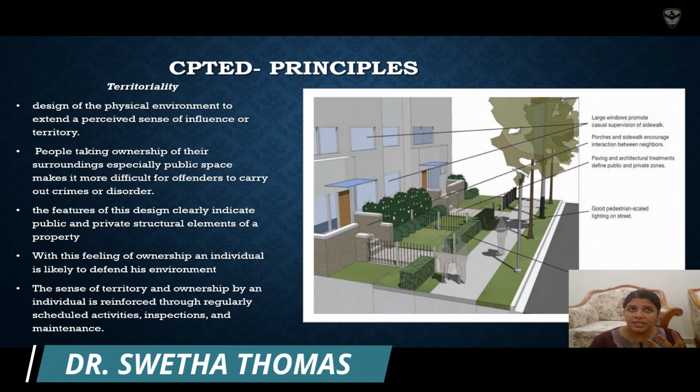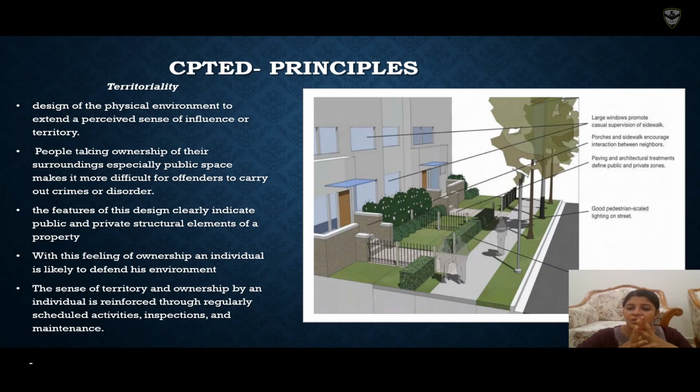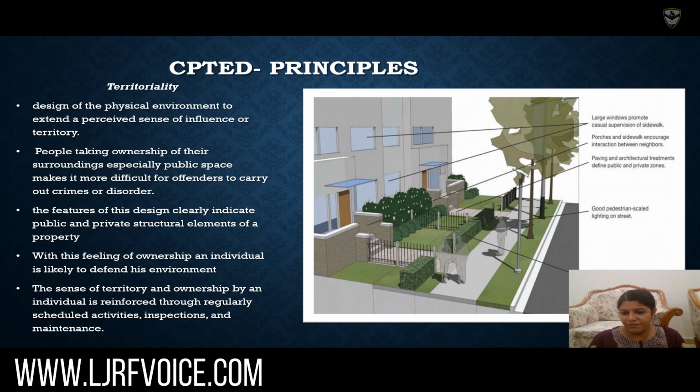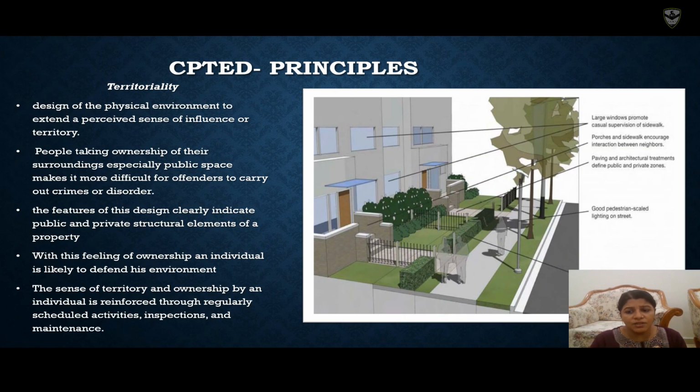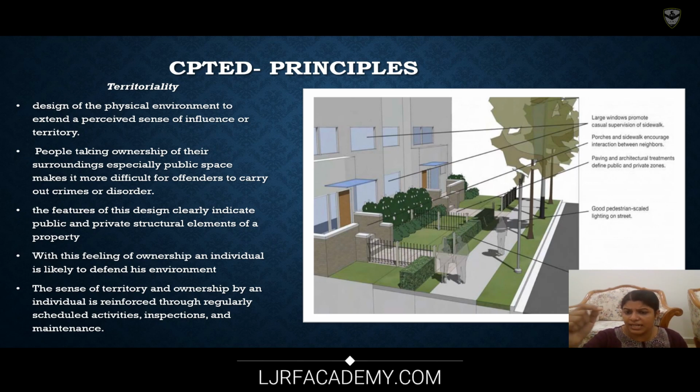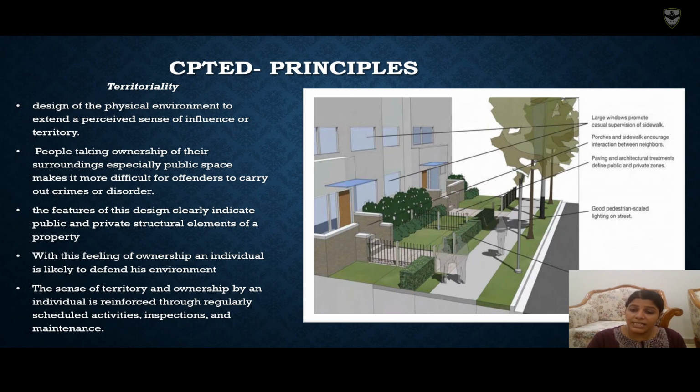See, if there is a house wherein the garden is not well maintained, there are a lot of trees, it looks messy. Obviously, the chance of a person targeting that particular house to commit robbery or crime is high. Whereas if it is a well-maintained garden, if the fencing is proper, if there is proper interaction with the neighbor, and as in some of the examples I've mentioned in this picture, obviously the chance of a person targeting that home is way less than a house that is not well maintained.